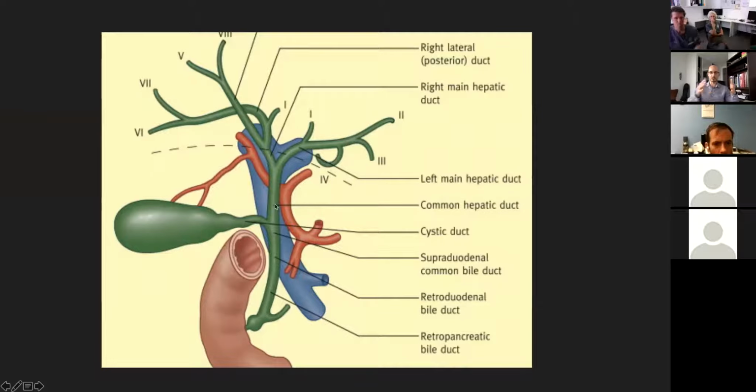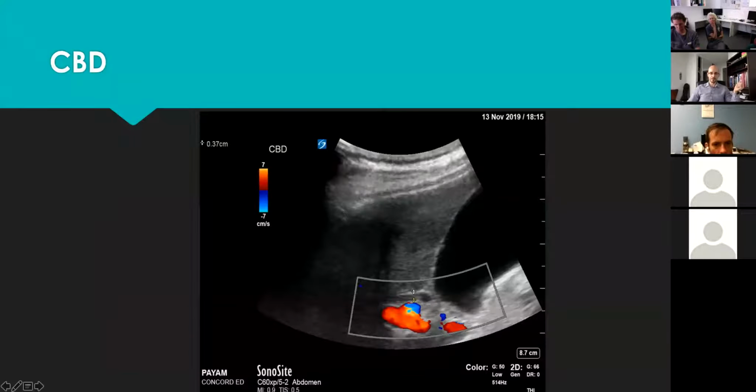So if you are a little bit towards the medial, instead of having the CBD on top of the portal vein, you can have the hepatic artery on top of the portal vein. And the only way to differentiate them is to put a color Doppler on, decrease the scale and increase the gain to the point that we can easily see the flow in the portal vein.